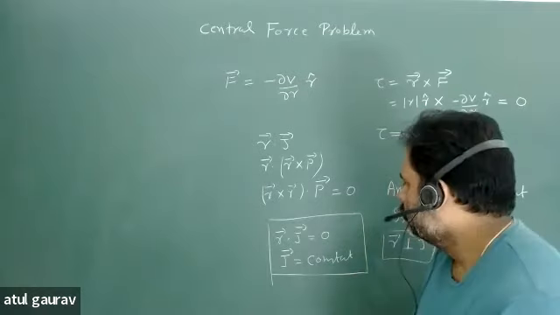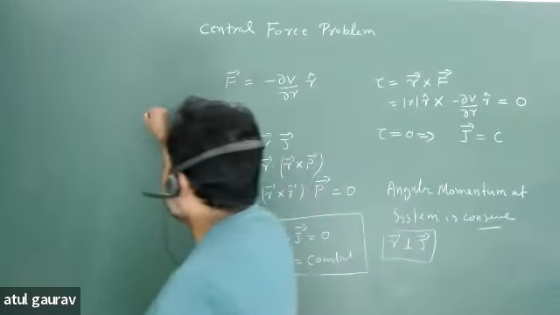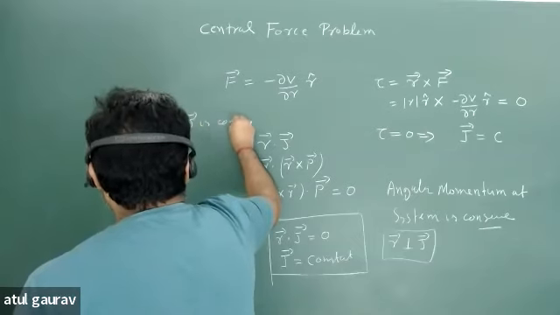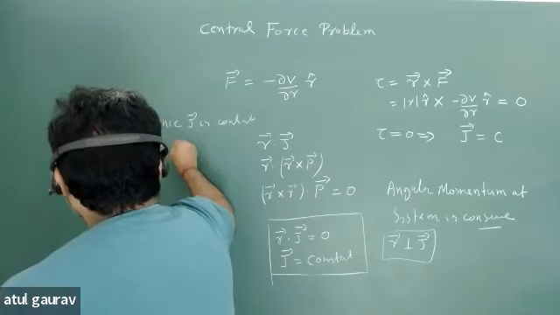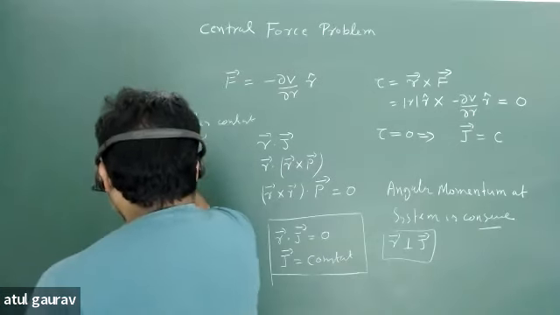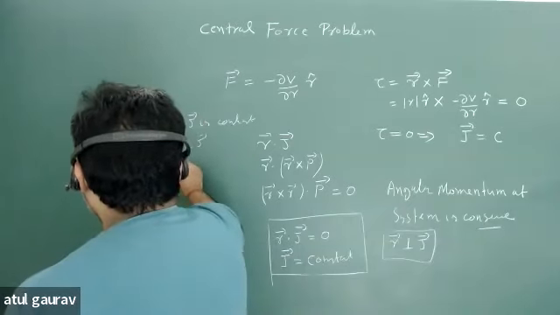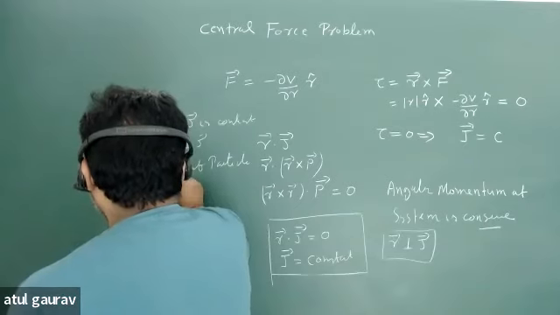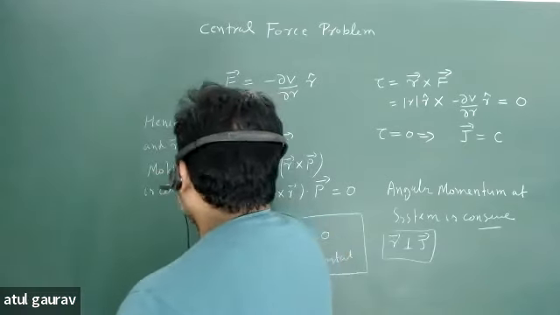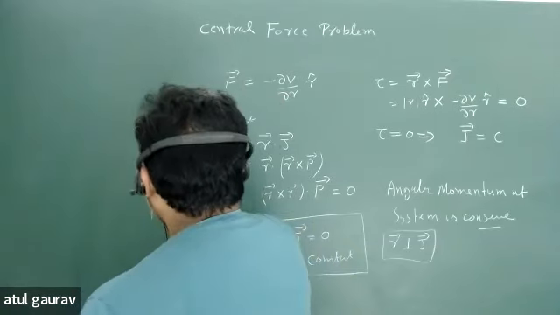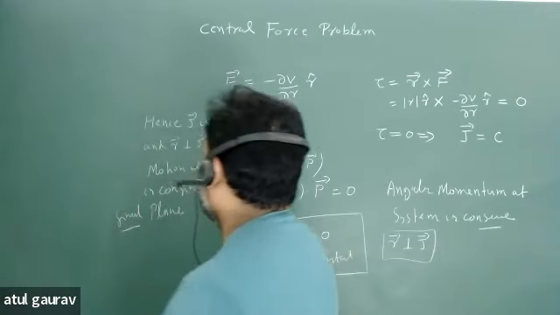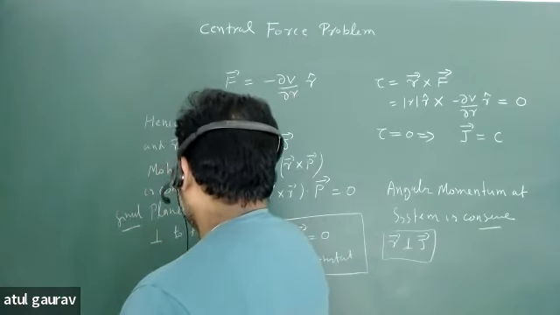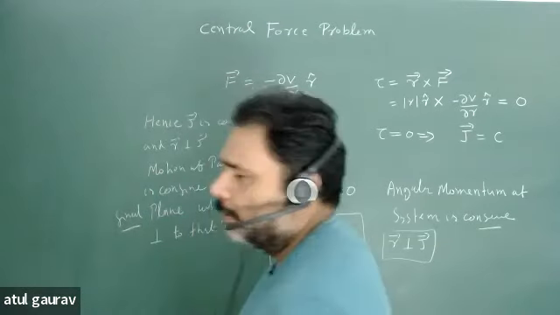Okay. So what I am trying to say, hence J is constant and R is perpendicular to J. I can say the motion of a particle is confined in a plane, in a fixed plane actually, where J is perpendicular to that plane.